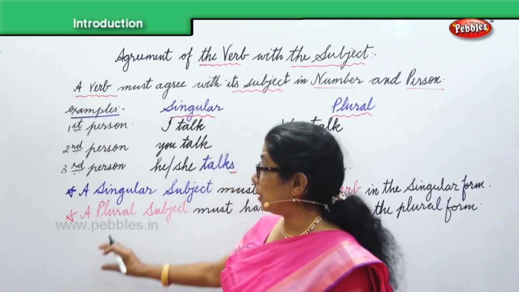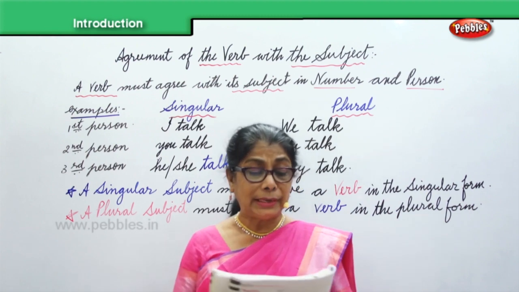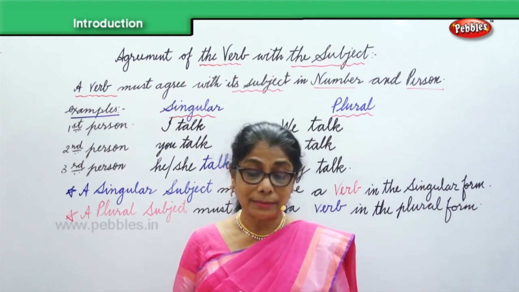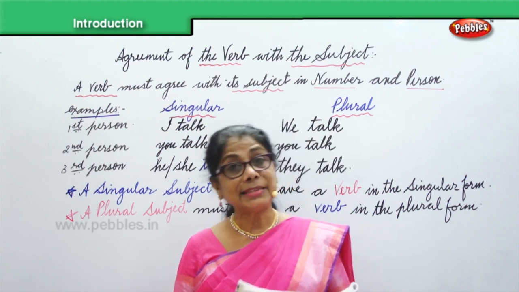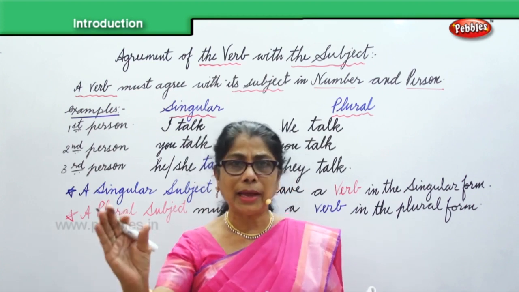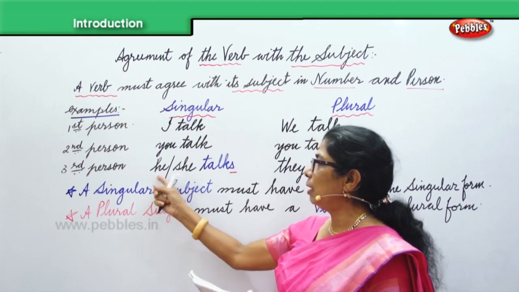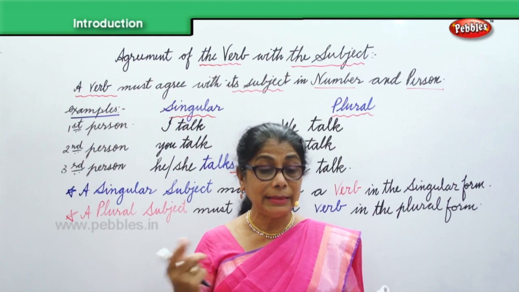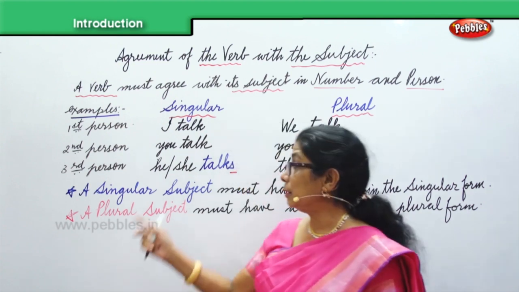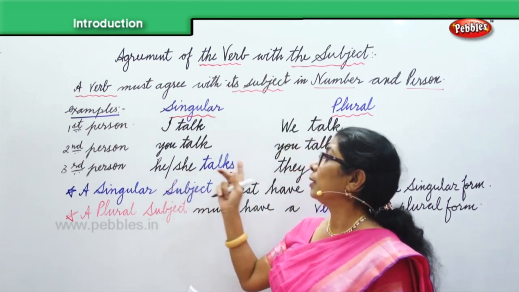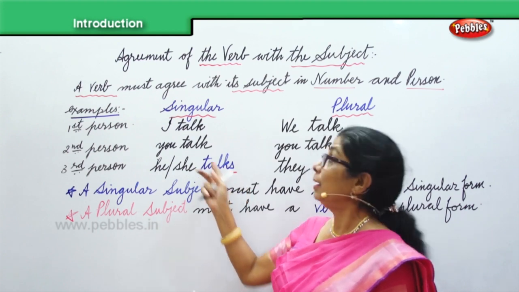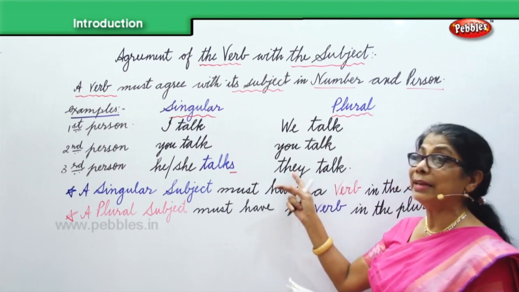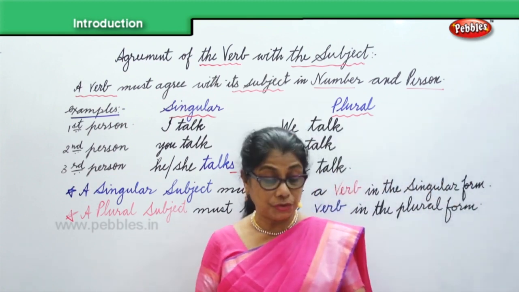So we are going to discuss some of these rules, which will help us decide whether the subject is singular or plural, and how the verb agrees with the subject. Here, the singular form is talk, and for the plural form, when the number changes, there is a change.